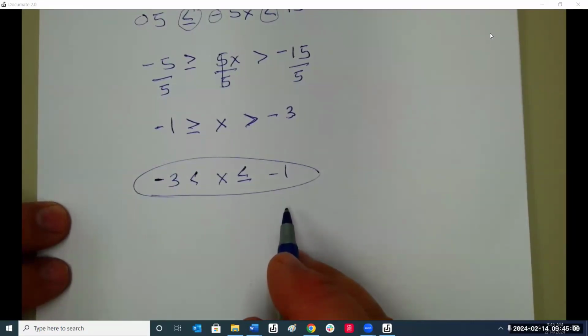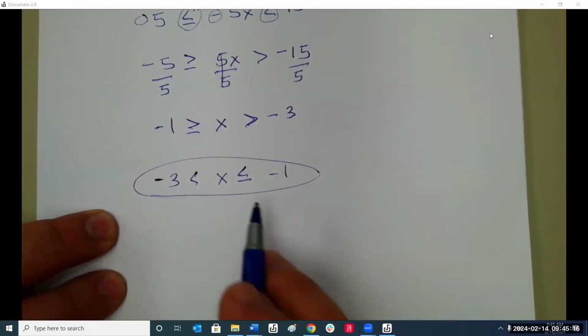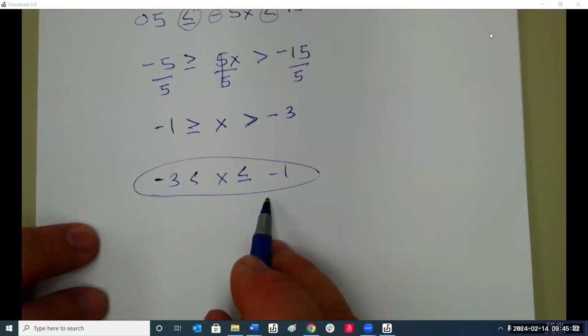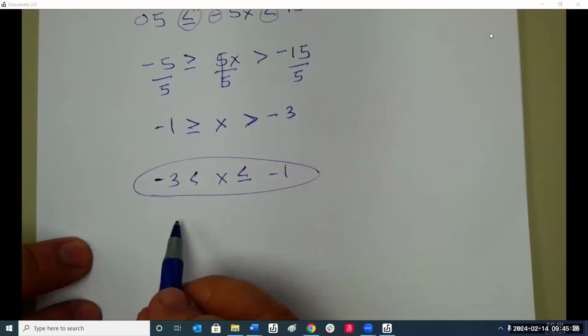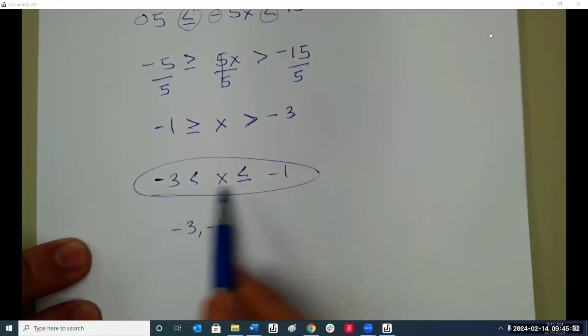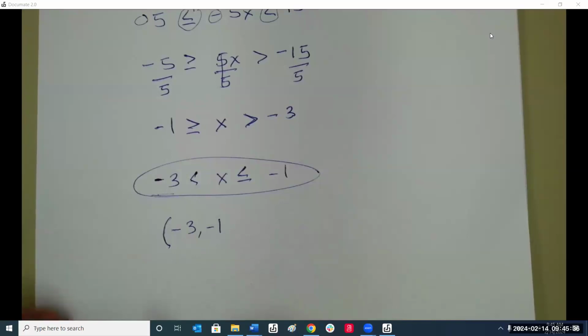What's interval notation? With the brackets and parentheses. Yes, this is set notation. How would you write this in interval notation? Parentheses -3, comma. Right. So the endpoints are -3 and -1. The -3 is not included.